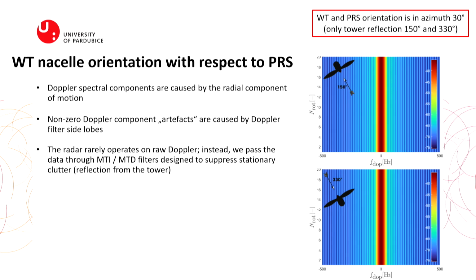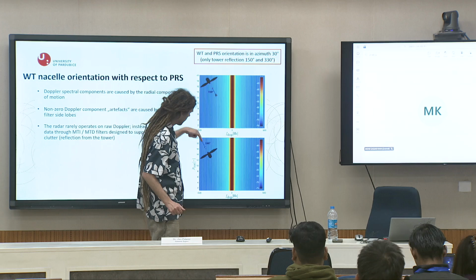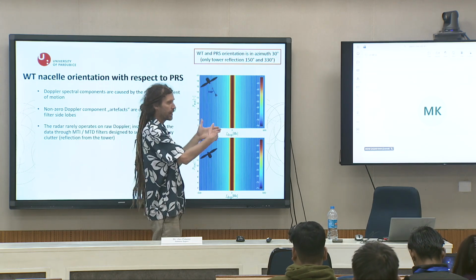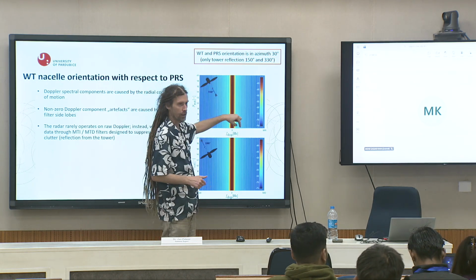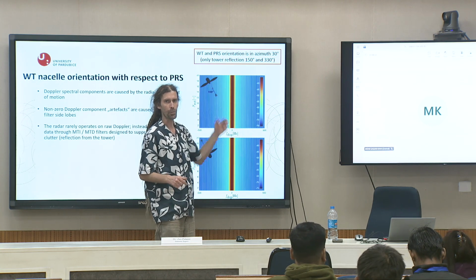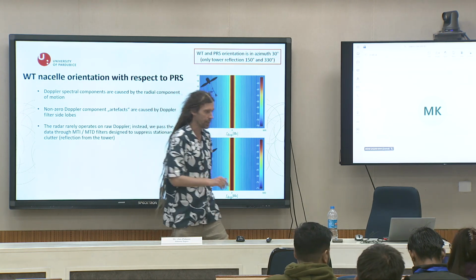So, Doppler spectral components are caused by radial velocity. We know it. Non-zero components are artifacts caused by Doppler shift. But there is no Doppler shift, so it means that we are exactly in the position where there is only the tower. The tower did not cause our problem because of MTI filtration.